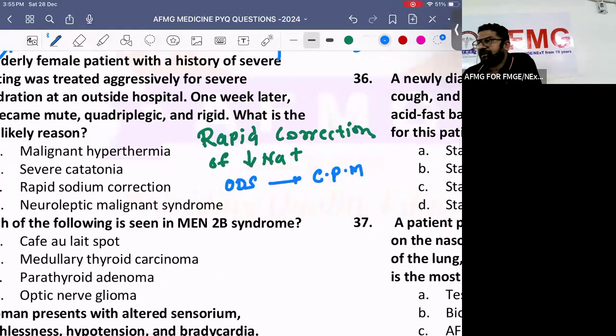और पेशेंट को क्या हो जाएगा? There is paralysis of all muscles except ocular muscles. So patient will have paralysis of all muscles, means हाथ पैर पूरे paralysis, quadriplegia.